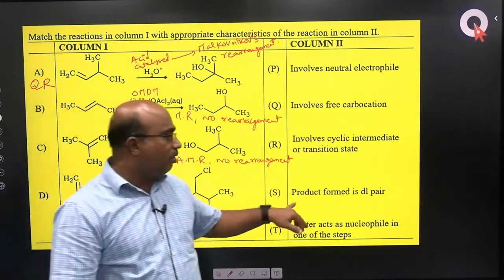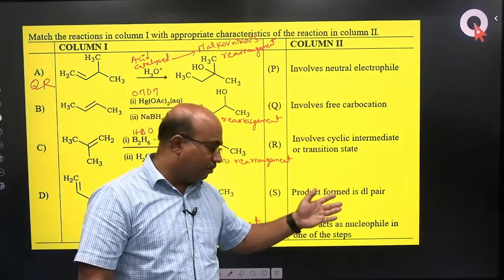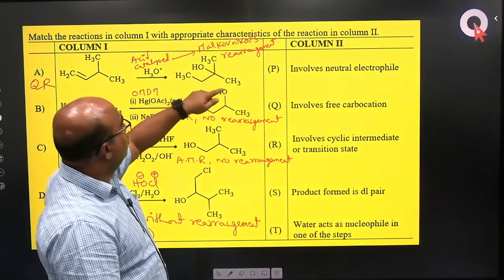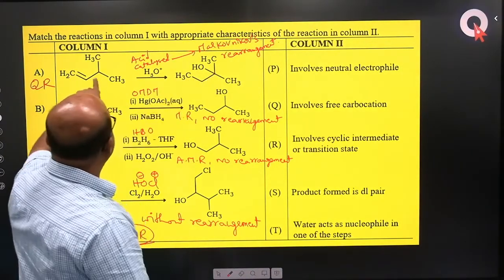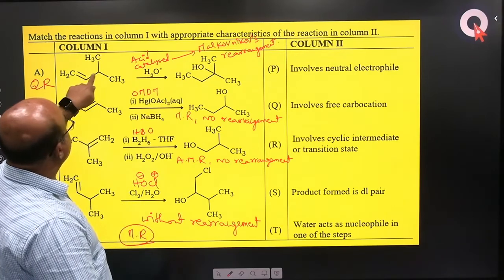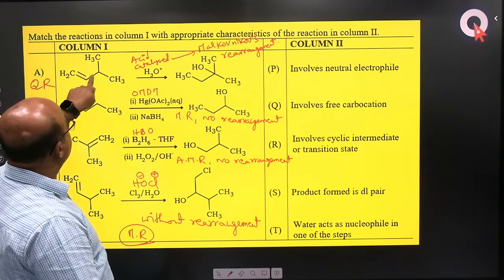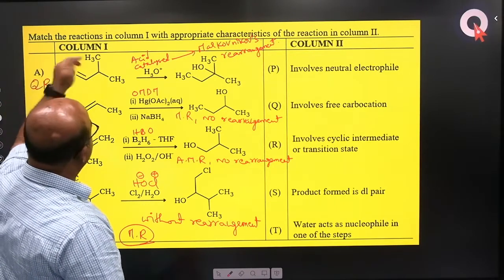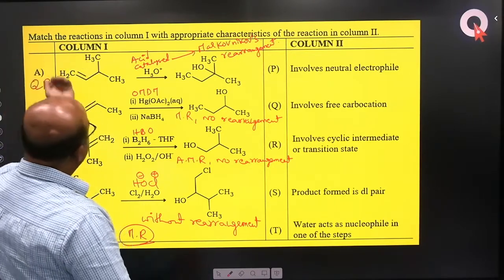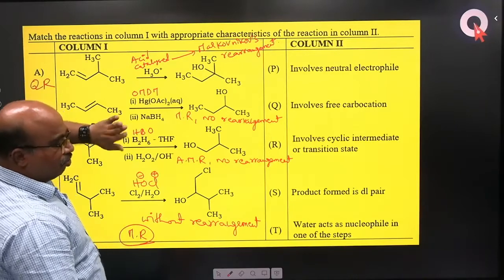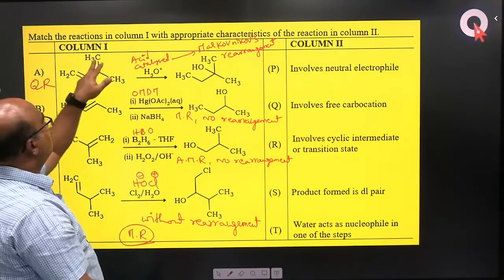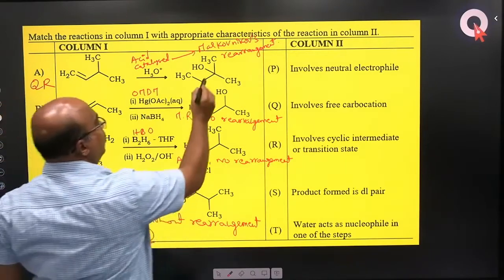Then product formed will be D and L pair. So can we say this one is a DL pair? No, because here a carbocation was formed, then hydrogen shifted from here to here, then this carbon is having a positive charge. So OH group can come, or water can come from above, water can come from below. Because the planar carbocation is there, but methyl groups are there at the two sides. So this carbon is not a chiral.